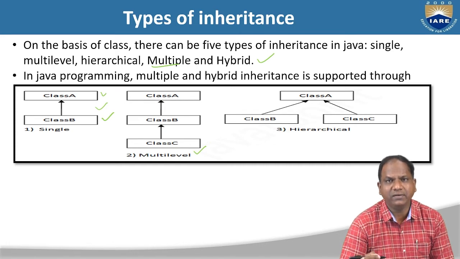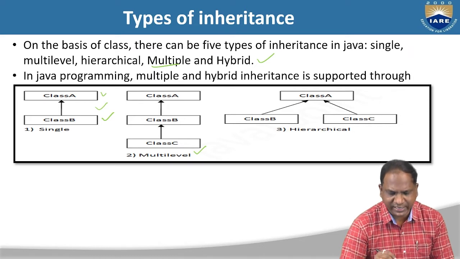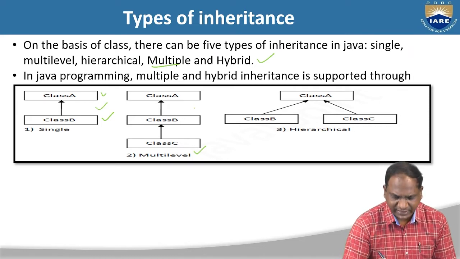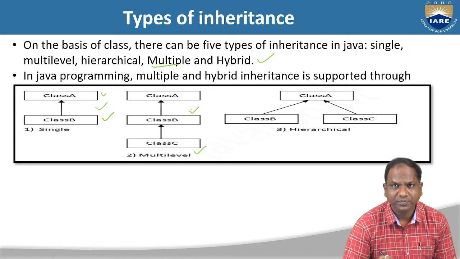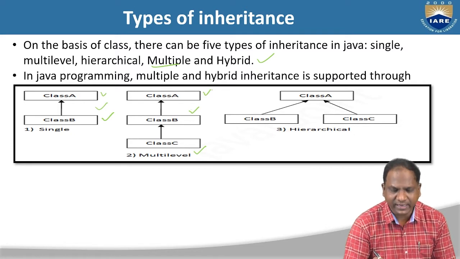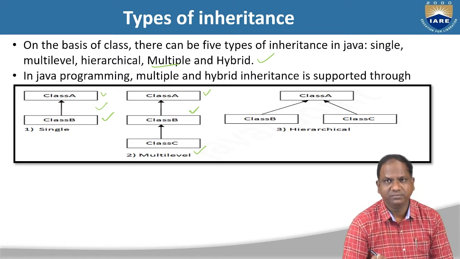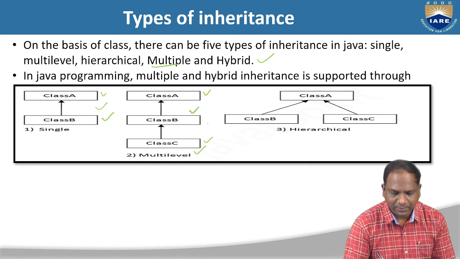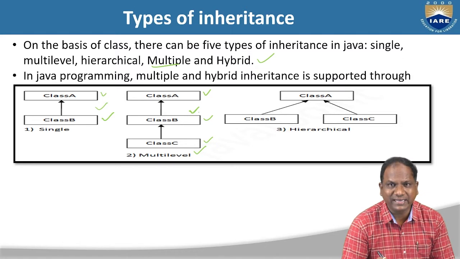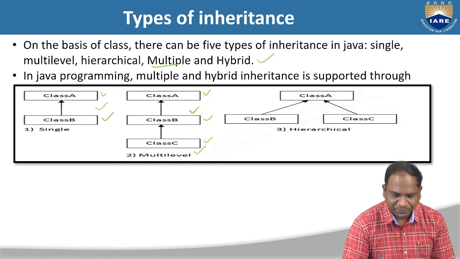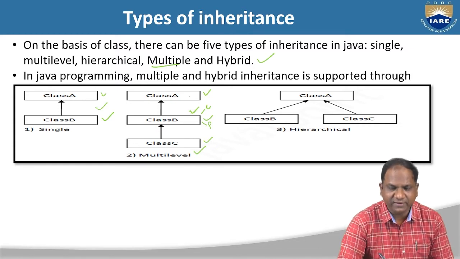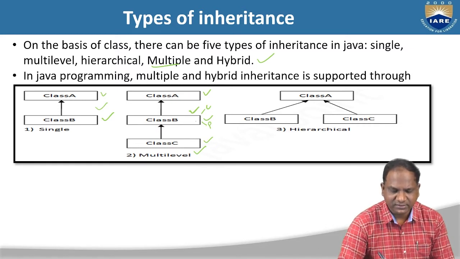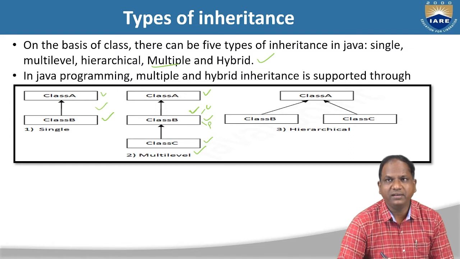Multi-level. More than one level of inheritance is called multi-level inheritance. First see half of the diagram: class B and class A. A is the parent, B is the child. And I have one more class called C. C is a child, B is its parent. So B is acting in a dual role here: B is a child of A, and C is a child of B. That is multi-level inheritance.